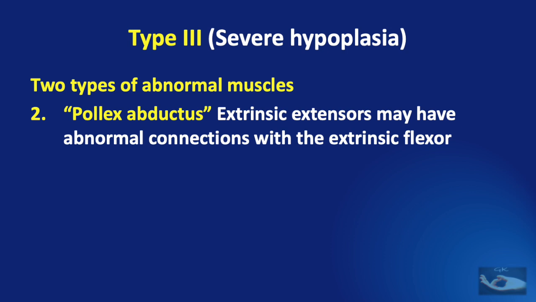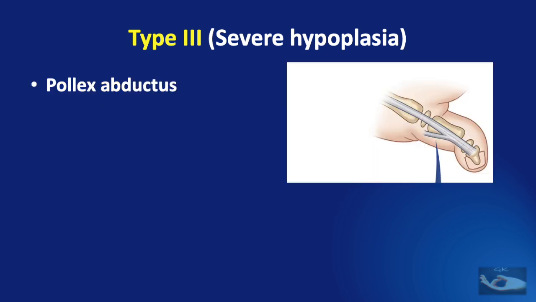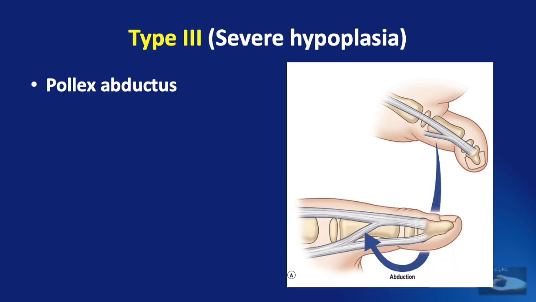This has been called the pollex abductus by Tupper because it ends up abducting the thumb at the interphalangeal and metacarpophalangeal joints. This pollex abductus refers to intratendinous connections between the flexor pollicis longus and the extensor pollicis longus, which may vary between a wide, loose, almost areolar band to a complete coalition of the flexor and extensor into a single tendon.